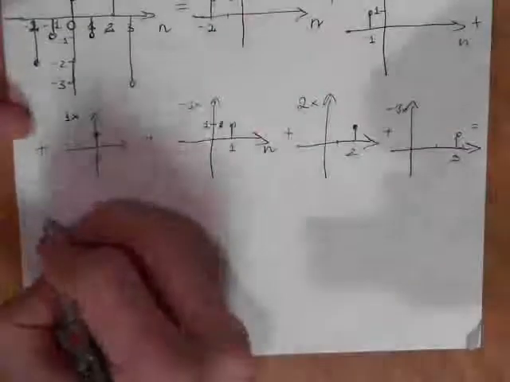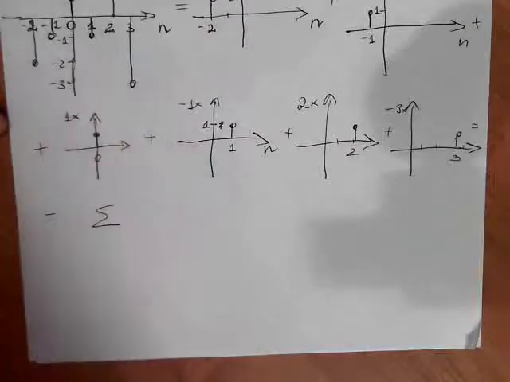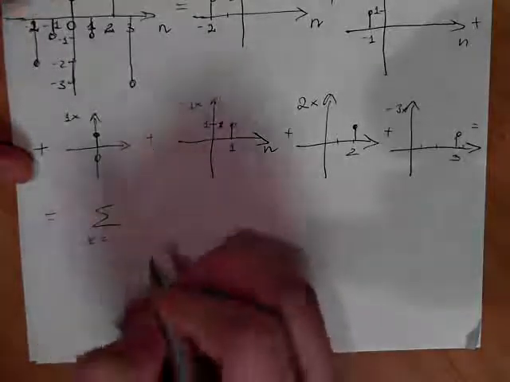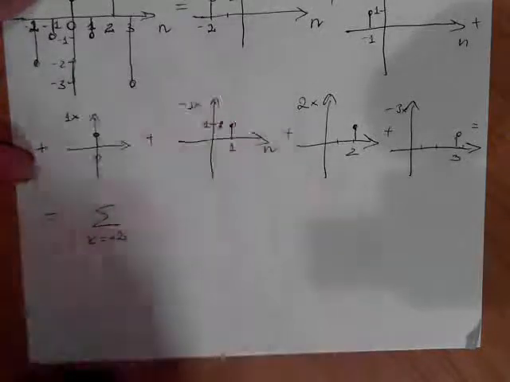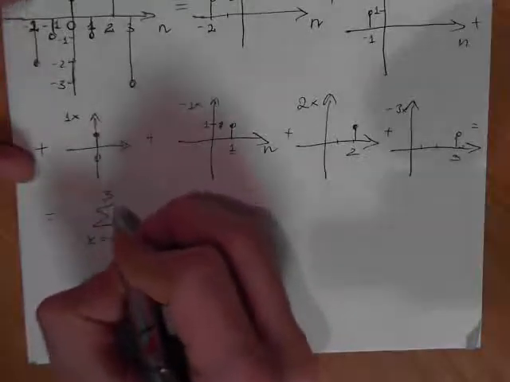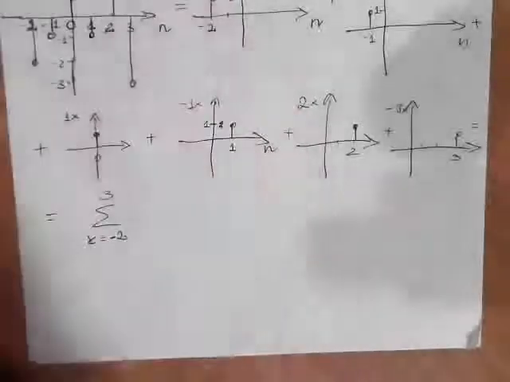And it comes up to the idea that it is the sum from k minus 2 to 3. Minus 2, 3. N or k can be replaced.